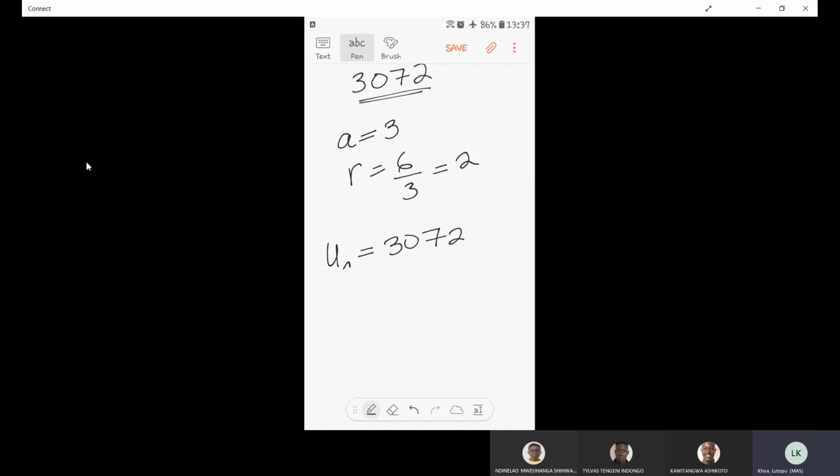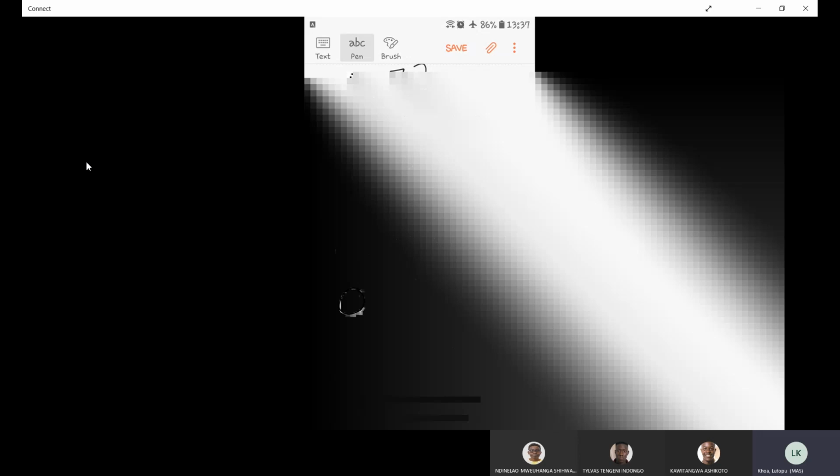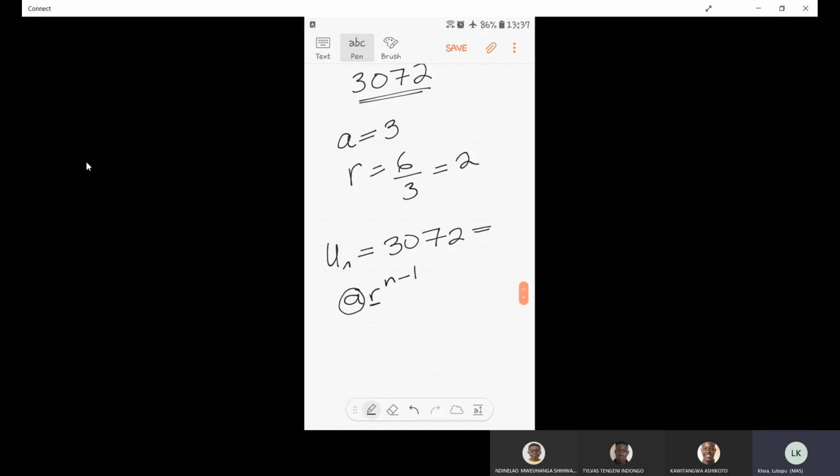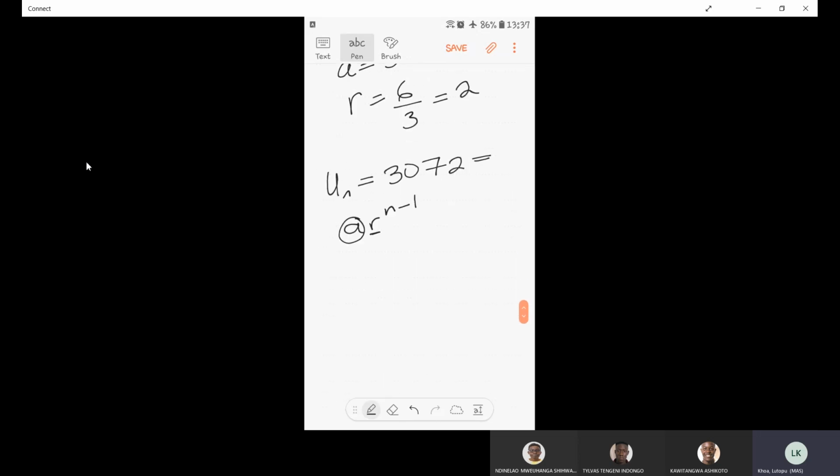So the formula for Un is A times R to the power of n minus 1. But I know what A is, I know what R is, I can just work this out. So A over here is 3, so I have 3 multiplied by 2 to the power of n minus 1. This is equal to 3072.